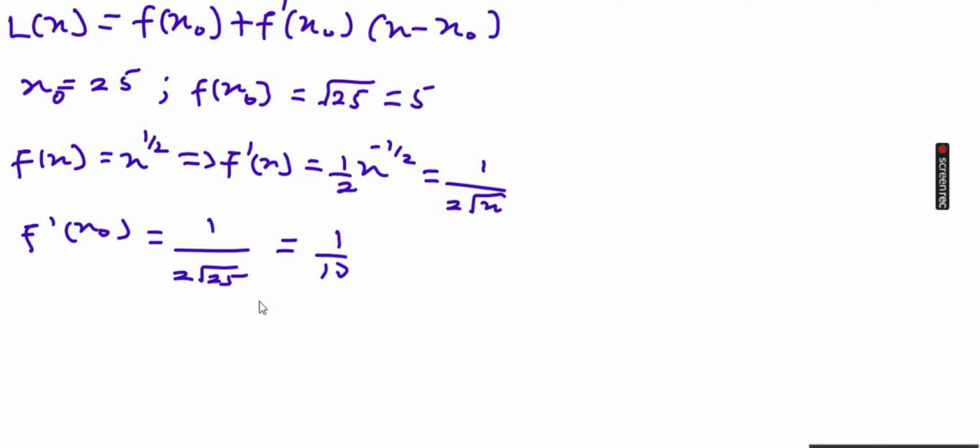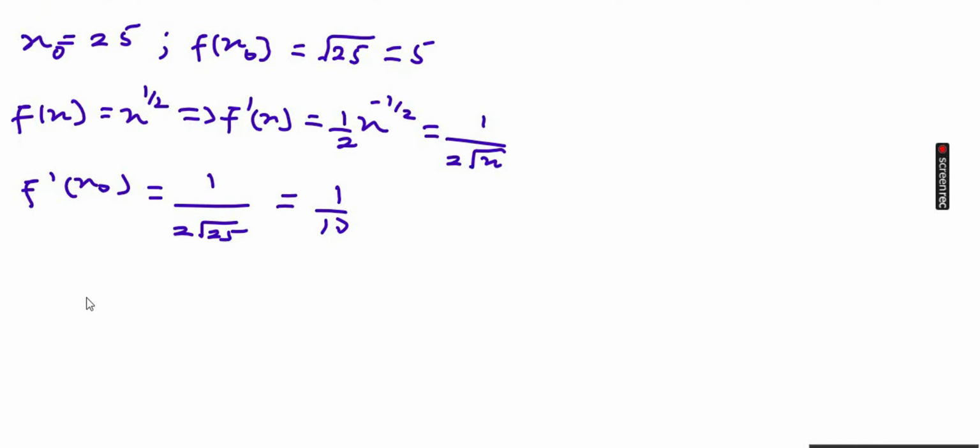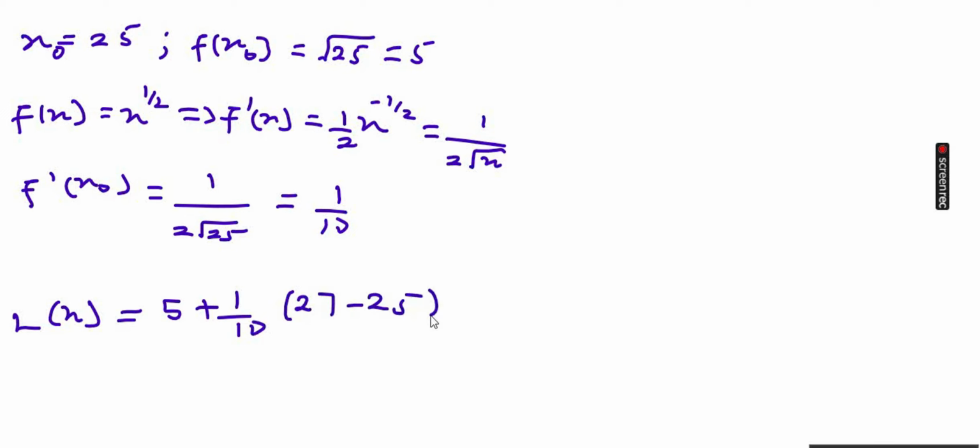Good, now I have all the parameters that I need in the question, so I can do the substitution. Now I can say f linear approximation of x is equal to f of x naught, which is 5, plus f prime of x naught, which is 1 on 10, multiplied by x minus x naught, and then x is 27 minus x naught, which is 25.